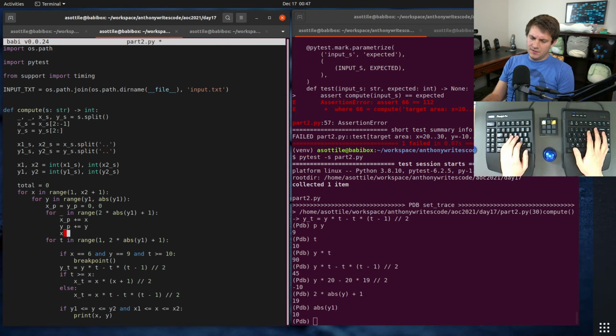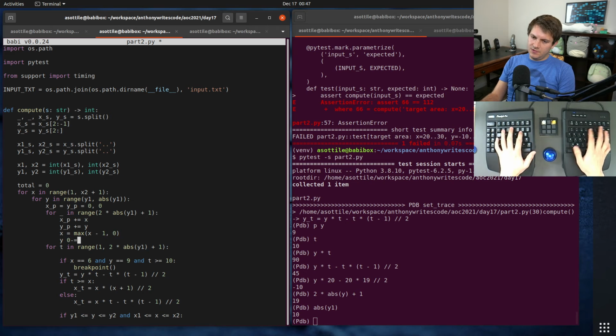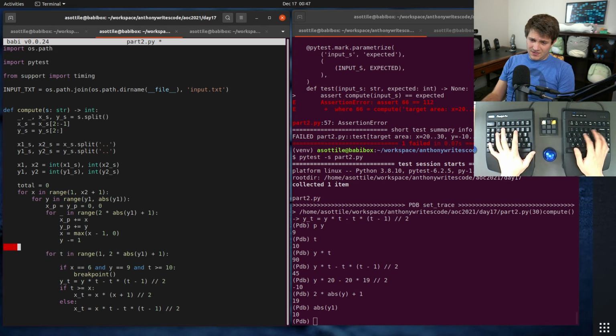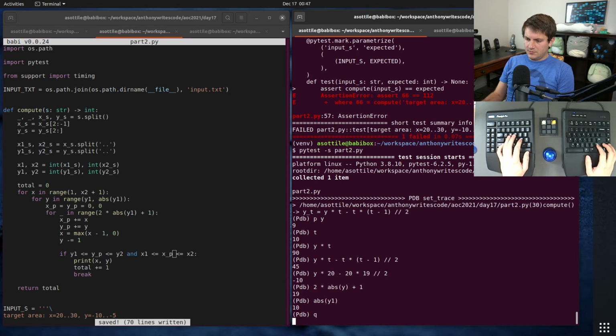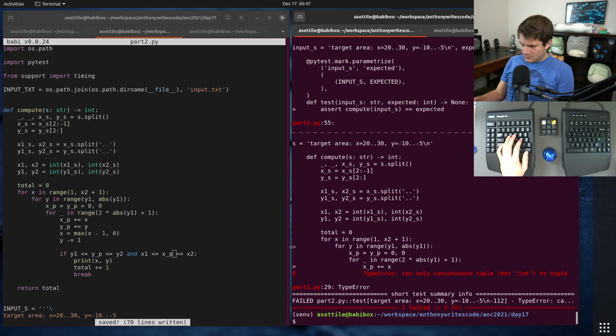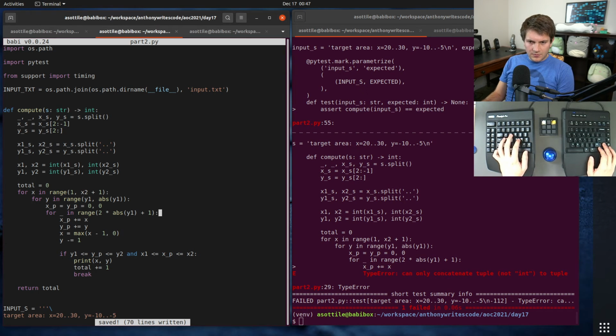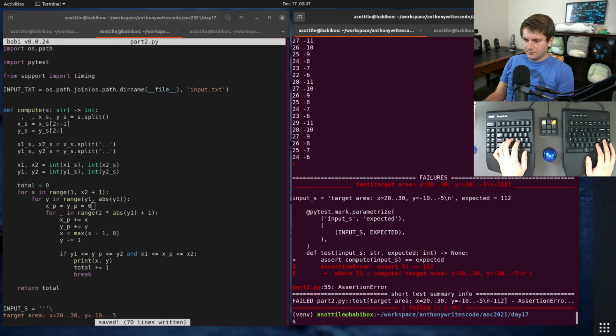And then x equals max of x minus 1, 0, and then y minus equals 1, and then p xp. I can't even simulate it right.